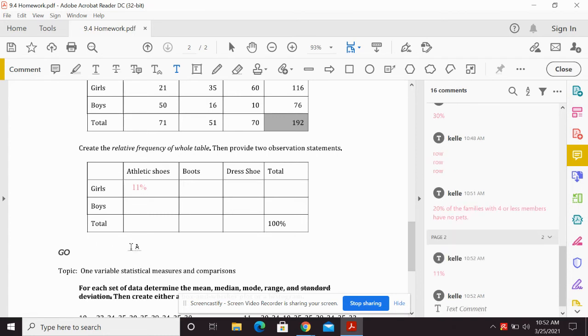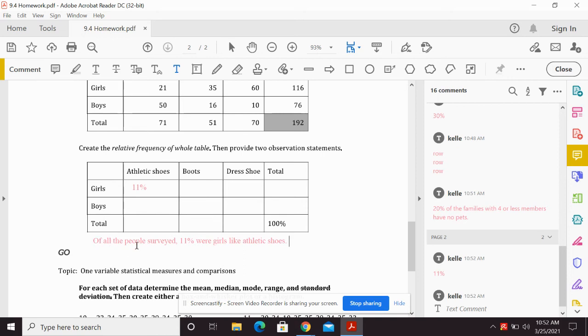I'll go ahead and make one observation for this. Of all the people surveyed, 11% were girls who like athletic shoes, because that's the only one I did. So we're talking about the whole table.